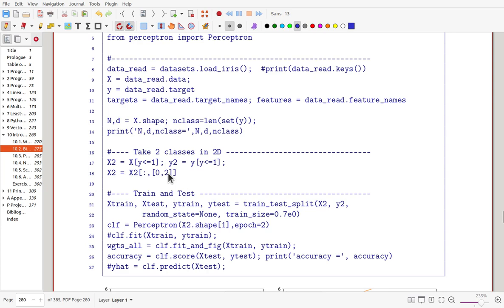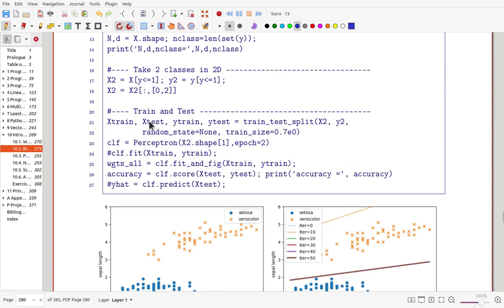After selecting that, for x2, y2, we split using the train_test_split function with train size 0.7, and that will make this separation. And here we create the perceptron classifier, and this object is made along with the dimension. The dimension is required, and epoch is optional.